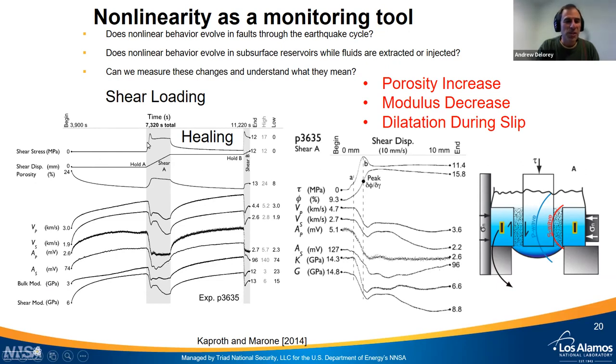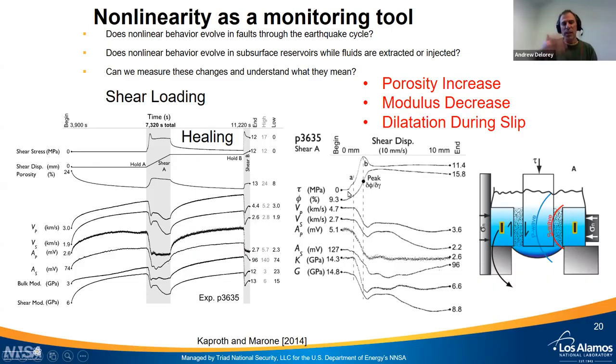Initially the shear stress goes up and then it reaches the peak, and this is zoomed in on the right-hand side. We can see that there's a peak shear stress, and then there's some kind of a failure, and then the porosity continues to go up even after peak shear stress.